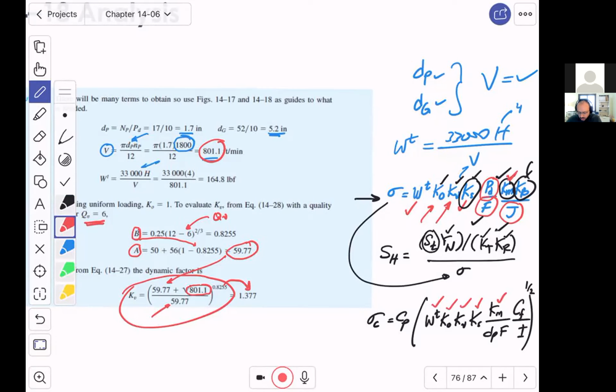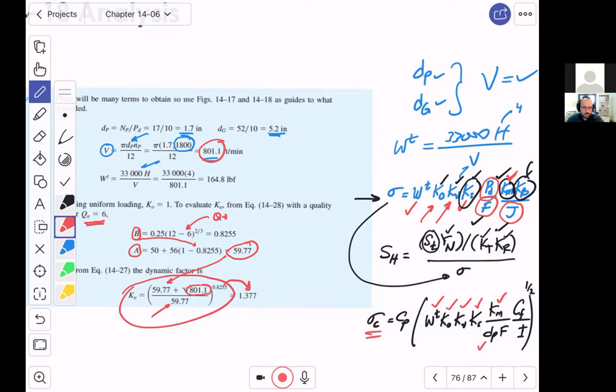Yeah? Now, dP is something very interesting. The equation for the contact is originally a function of the pitch diameter for what? For the pinion. Okay? And for that, you need to be very careful. It's always the same.